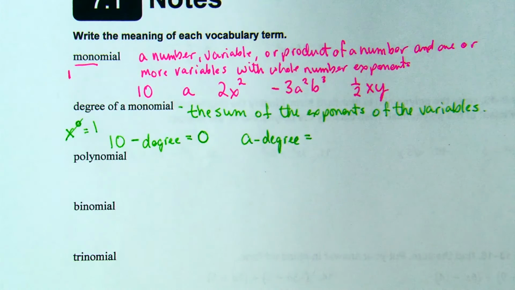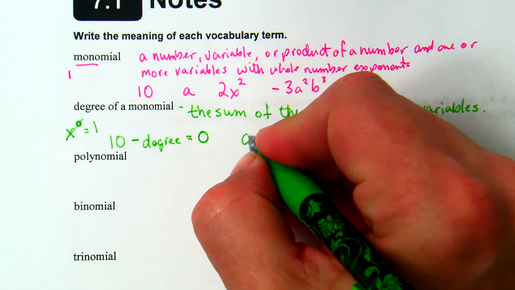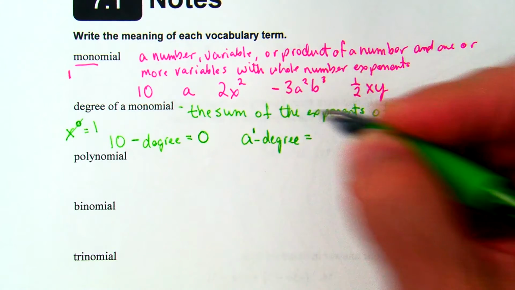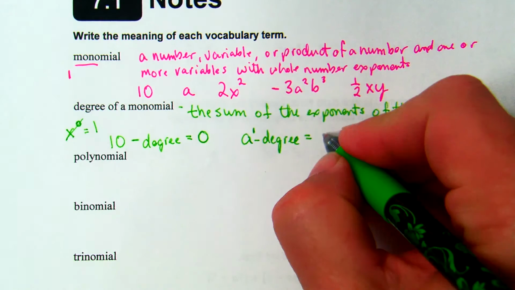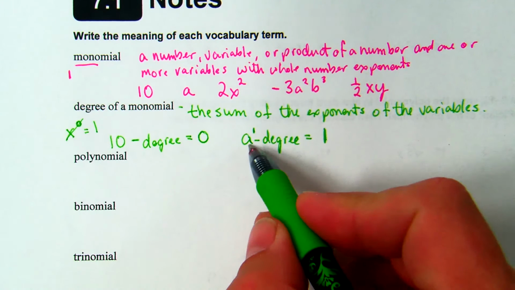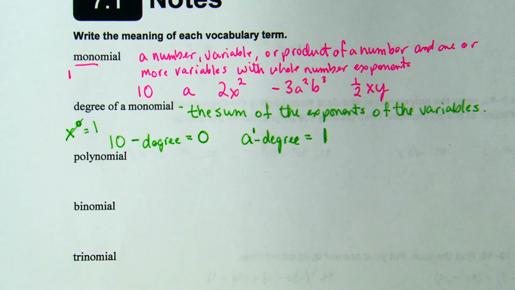The degree of the variable a is what? A to the what power is a? A to the first power is a. So what is the degree? 1. Does everybody see that? It's a to the first power. There's one variable here. So the degree of this monomial is 1.